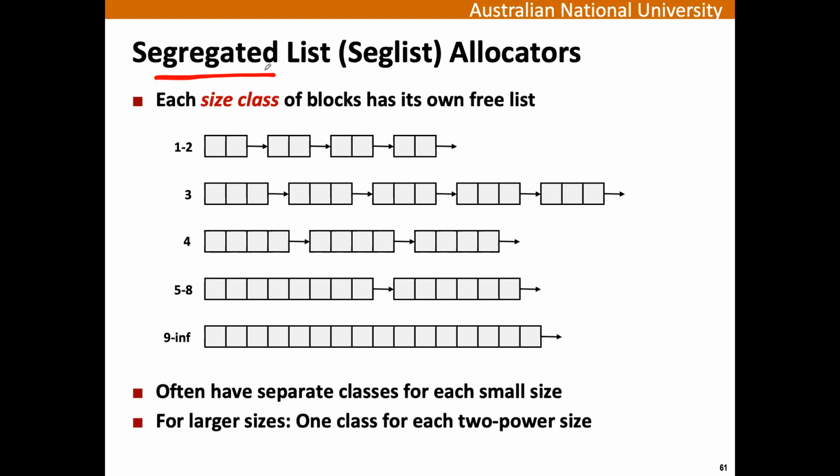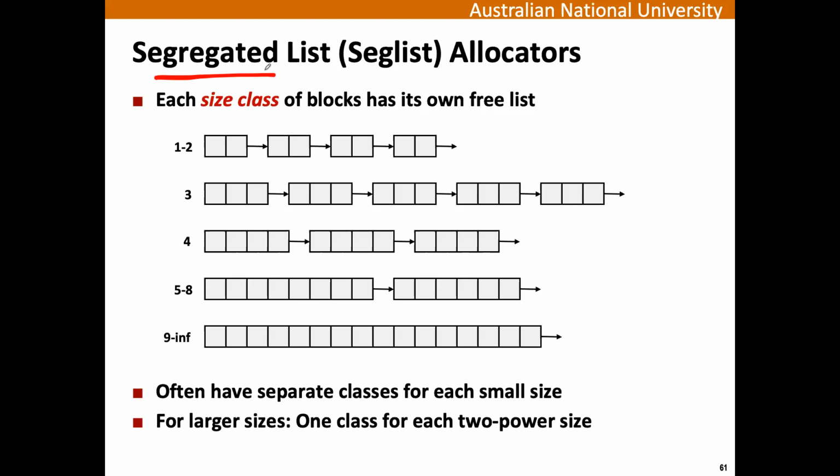In the design of allocators, segregation is an important idea. Sometimes we segregate blocks or objects or data based on size because it is more efficient to manage different size classes separately. Sometimes we segregate blocks or objects based on their lifetime, how long a specific block lives.